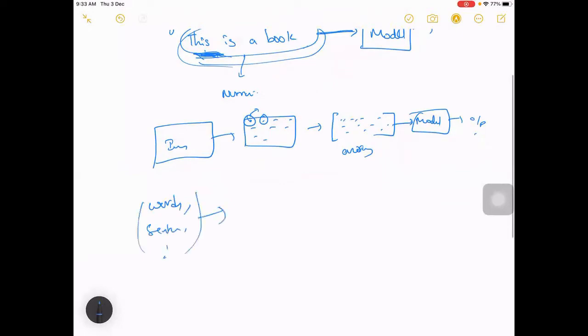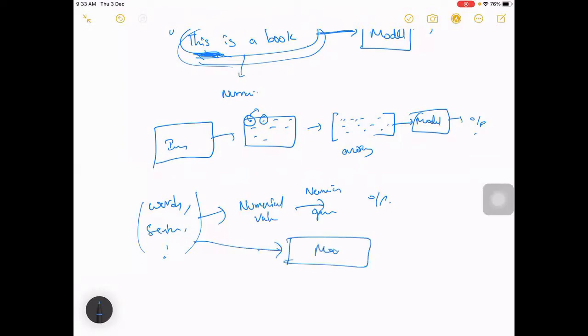These we have to convert into numerical values so that we can do numerical operations and finally get an output. Instead of directly giving it to a model, we have to convert it into numerical vectors, and then we can get an output.